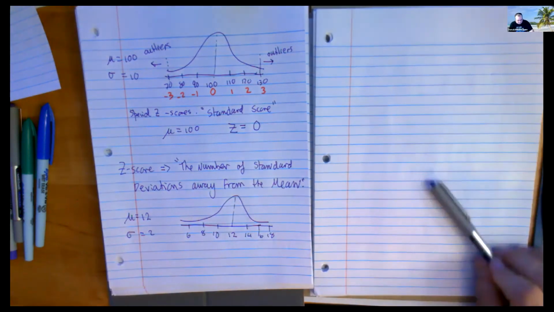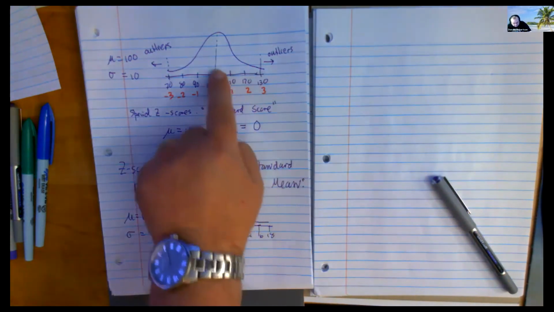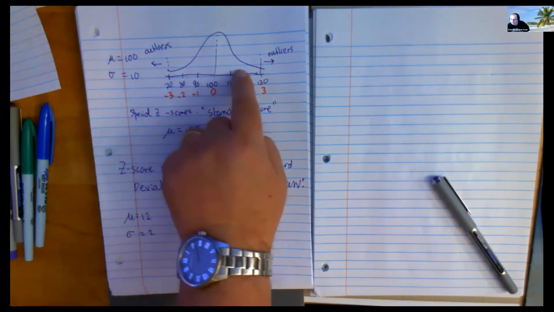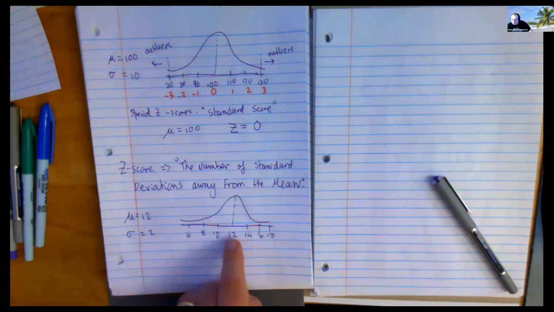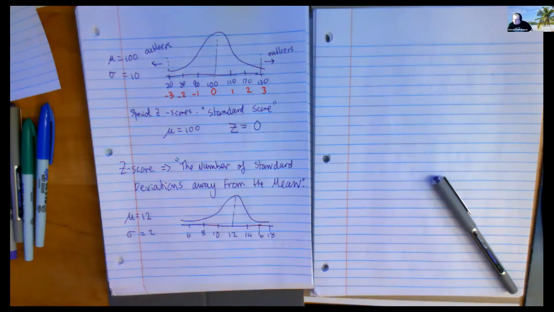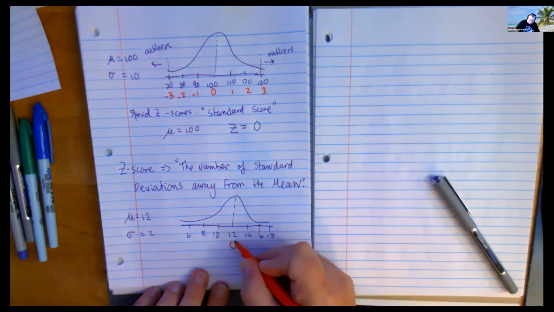Right? So would you agree, although the shapes are the same, aren't they places where things happen totally different? The mean is at 100, here the mean is at 12. In this case, isn't the standard deviation quite big? It's 10. In this question the standard deviation is quite small? They're only 2. Right. Now, let's do Z-scores of these key places. Won't the Z-score of the 12 be 0?